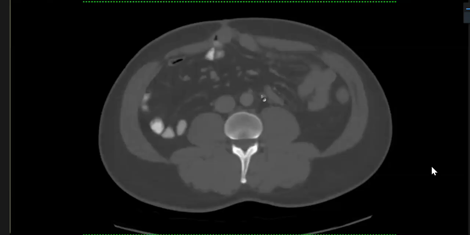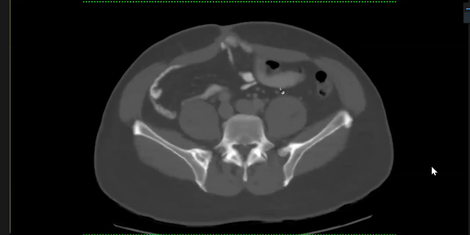I've given you a CT. Can you see it? No, sir. I can just see you. Just 1 second. Can you see the CT? Yes, sir. I asked for controls.